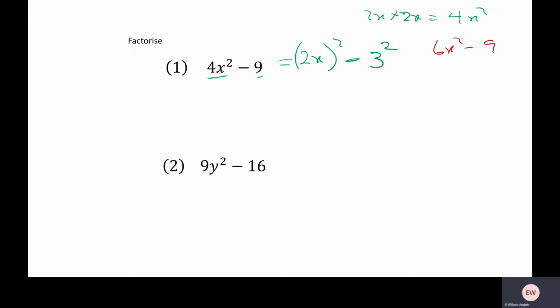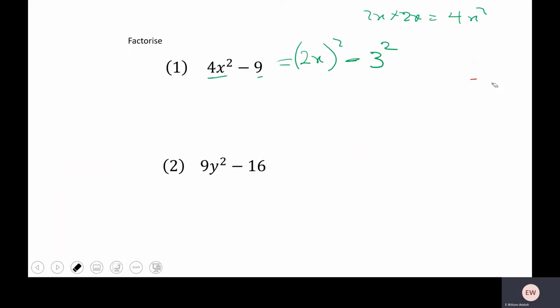So if you want to write this as difference of two squares, then it's going to be root 6x all squared minus 3 squared, because root 6 squared is 6. So this is how it should be. And you know, 4 is a square number. So if you square root 4, you are going to get 2.